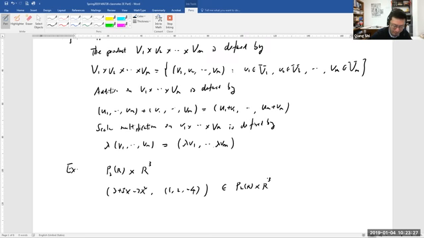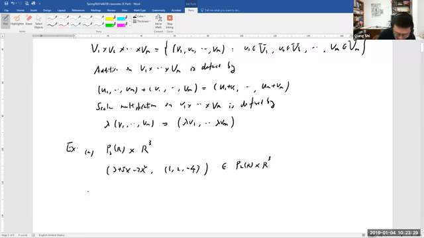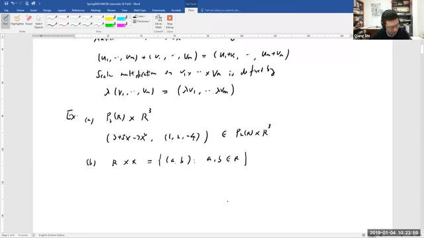But more familiar to us is probably R times R, which gives pairs (a, b) where both a and b are arbitrary real numbers. Of course, you can have R cross another R cross another R, which gives you not an ordered pair but an ordered triple. So those are some basic examples of the products of vector spaces.